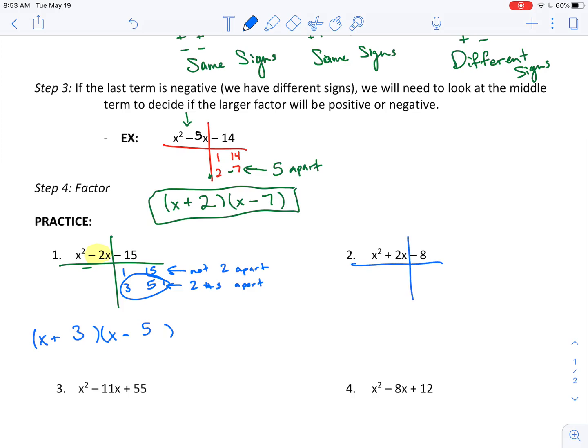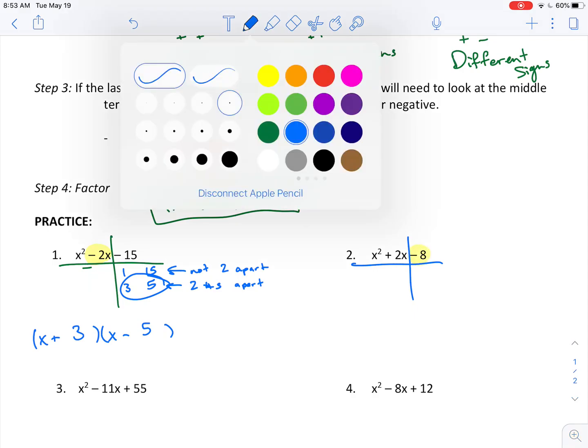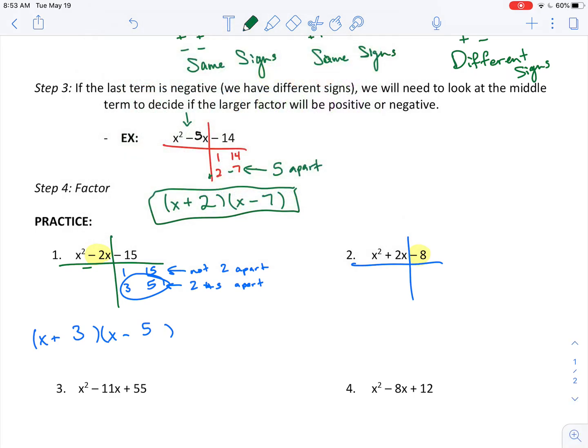And this last one here, let's do our basic T. Our last term is a negative. So I know that I'm going to have different signs because the only way to get 2 numbers to multiply to be negative is if I have a negative times a positive.